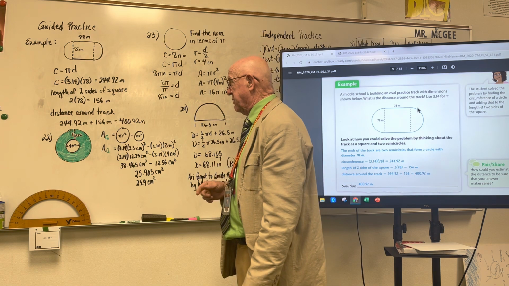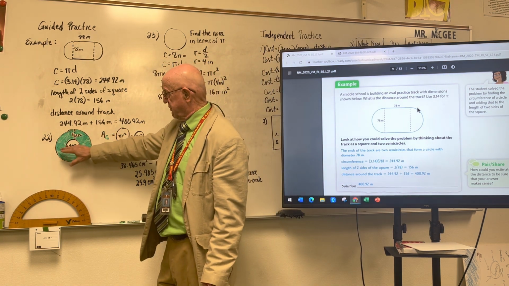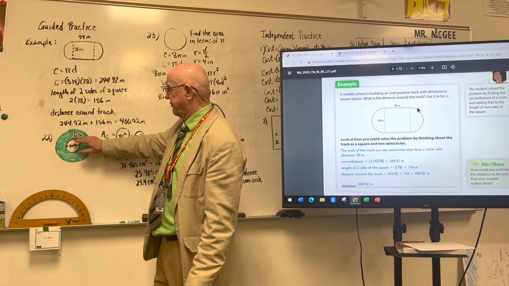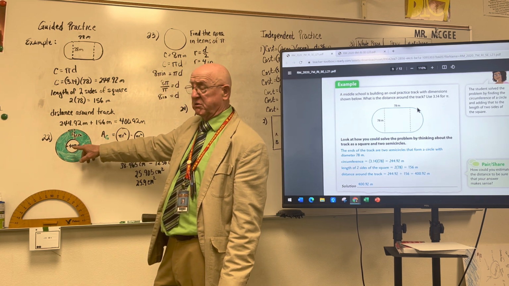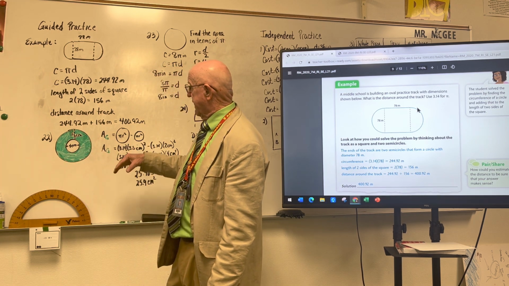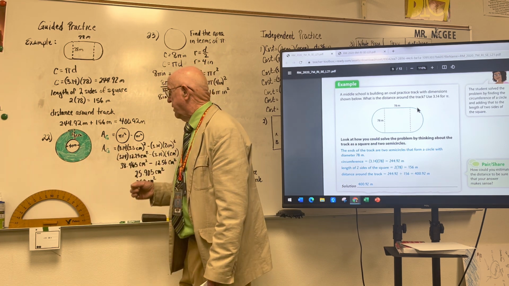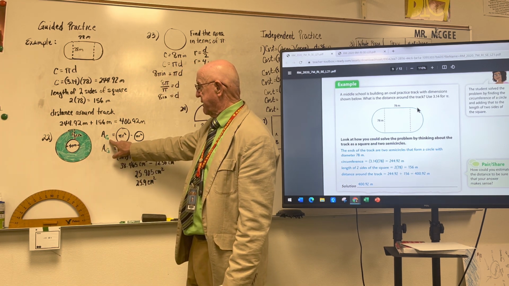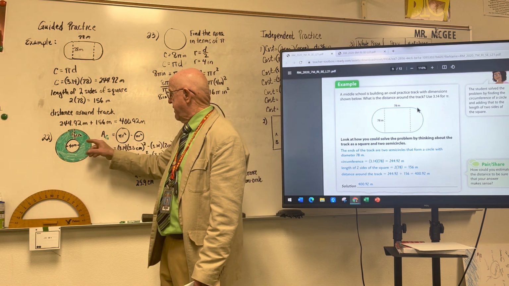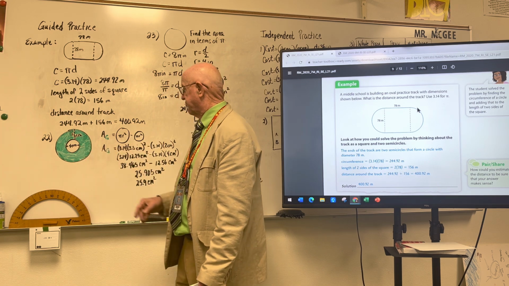So what we have to do is determine the area of the large circle, which is the area shaded in green and includes the center circle. Then we have to subtract from that the area of the small circle. The area of the large circle, which I've labeled as AG, is pi r squared for the big circle minus pi r squared for the small circle.